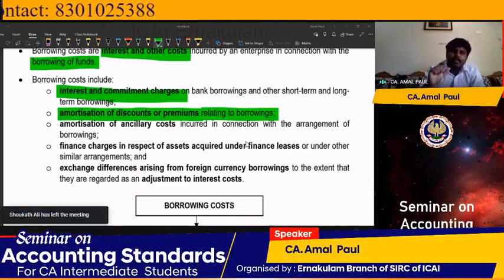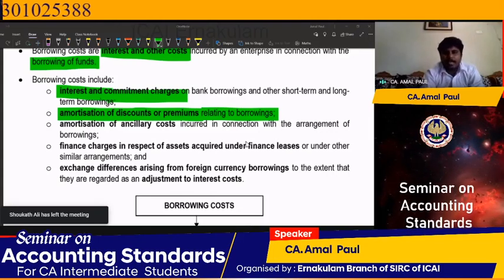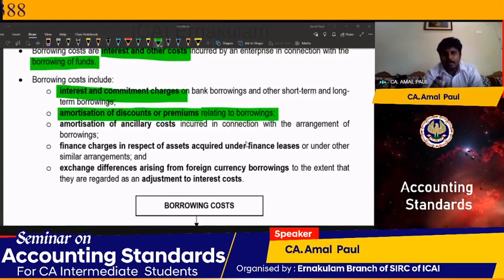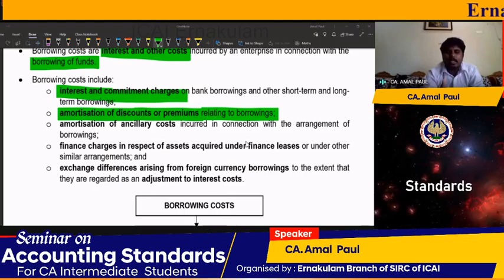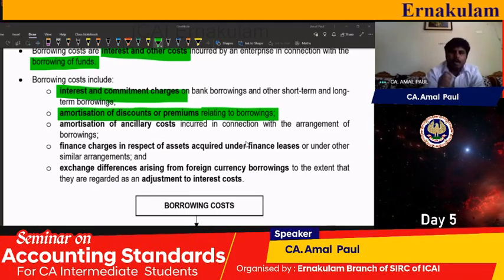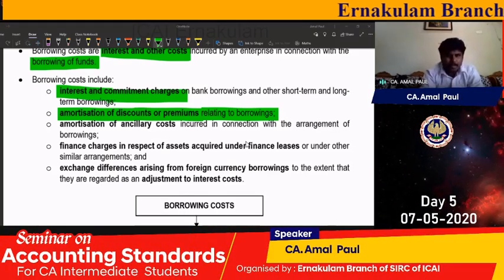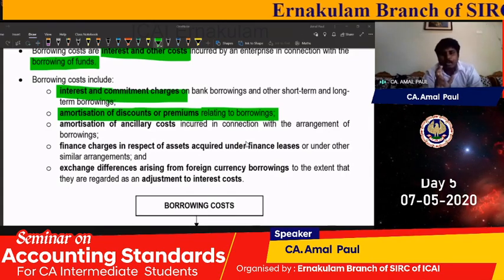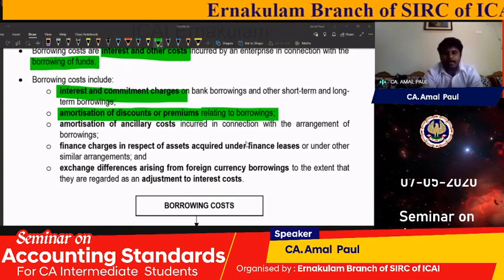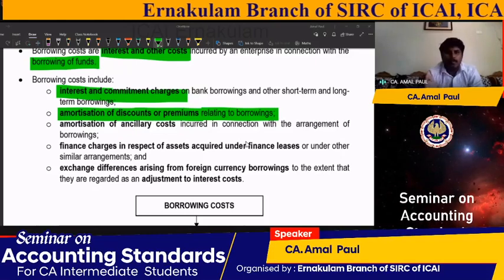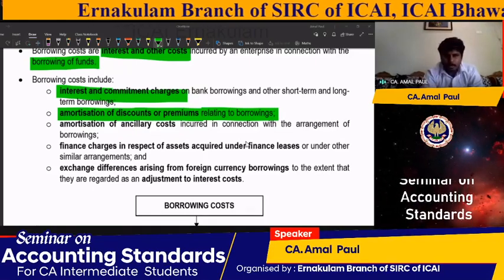In that, if there was any discount at the time of issue or premium at the time of redemption, we recognize those elements at the time of recording the debentures in the books.